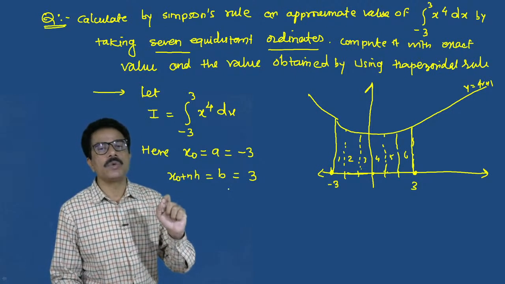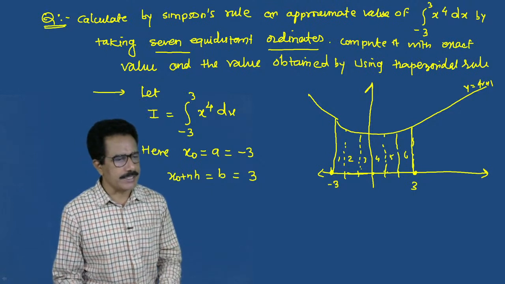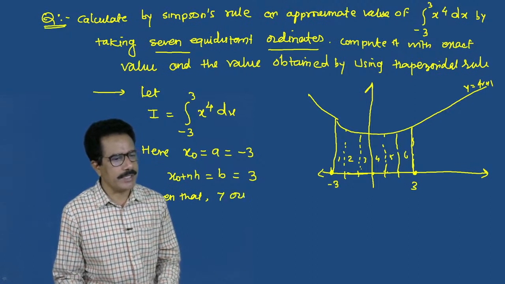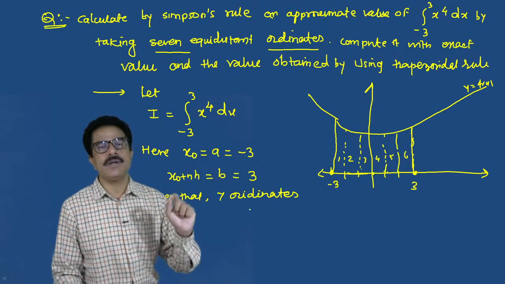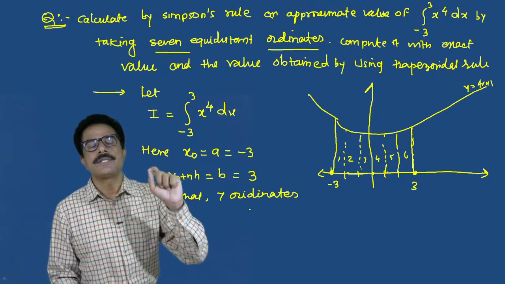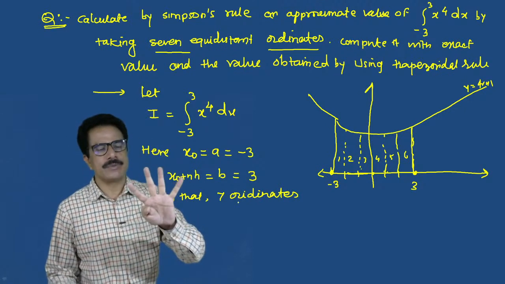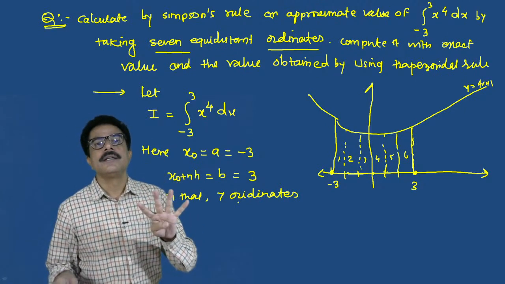And here we have to take 7 ordinates. If there are 7 points, we can write 6 intervals.